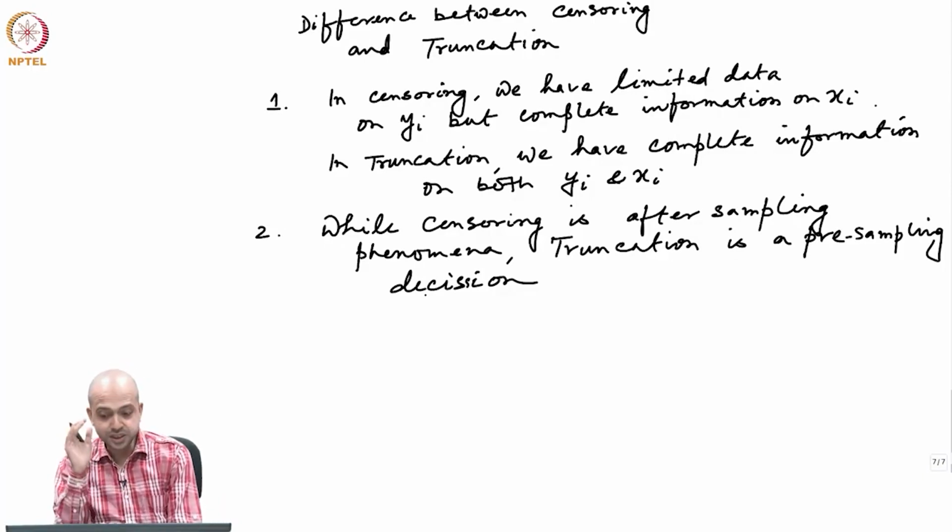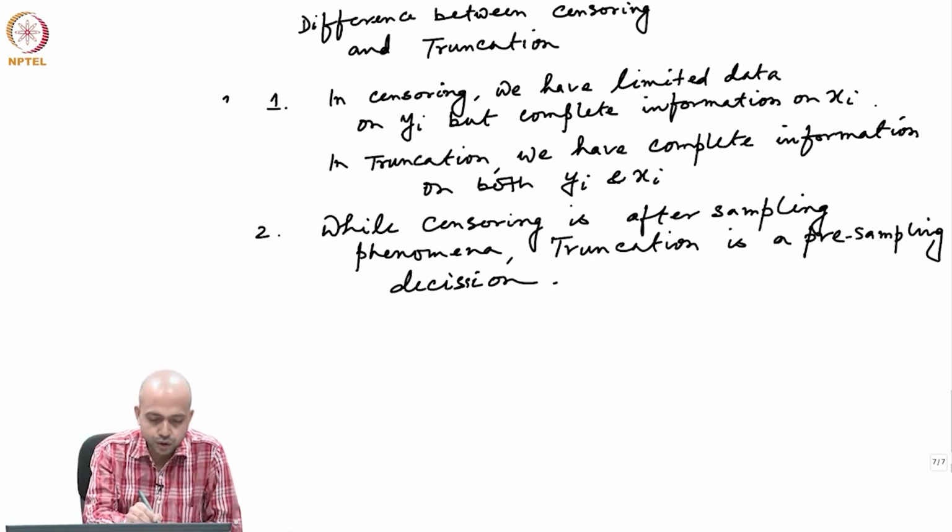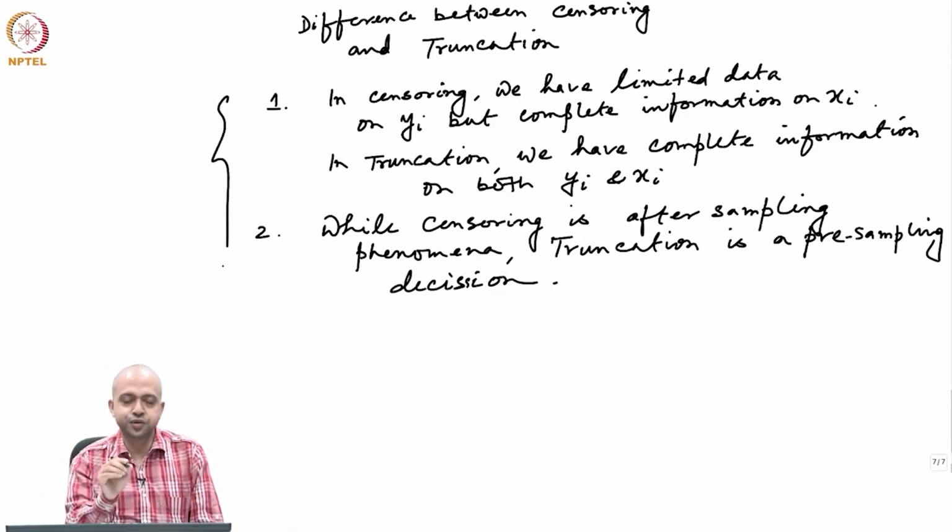That is why while censoring is an after-sampling phenomenon, truncation is a pre-sampling decision. So, these are the two basic differences between censoring and truncation we need to keep in mind.